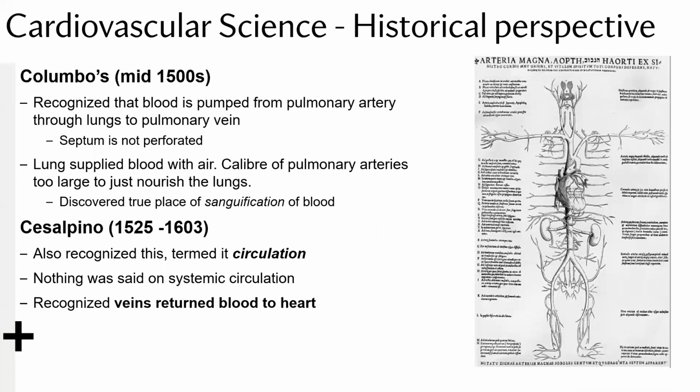Columbus actually was the next figure who did start thinking about circulation and realized that the septum isn't perforated, and still thought that the lungs were the air supply. And this was pretty new, not the heart. It was an interesting observation that he realized the pulmonary arteries, meaning the arteries that go from the heart to the lungs, are too large.